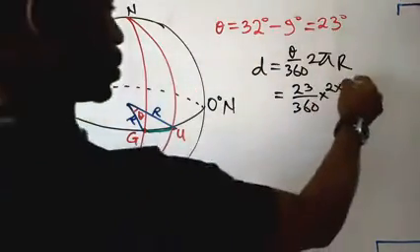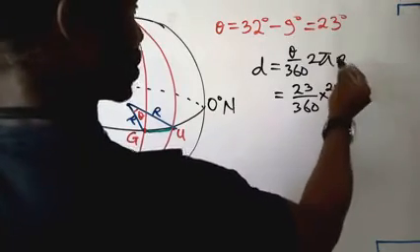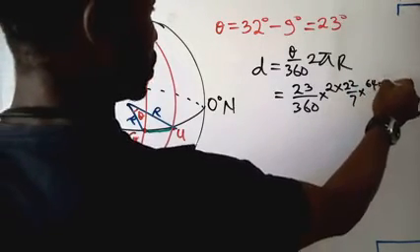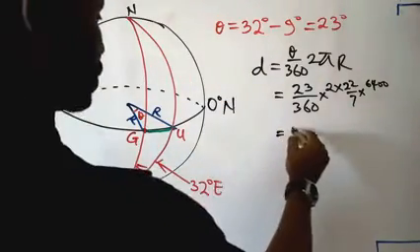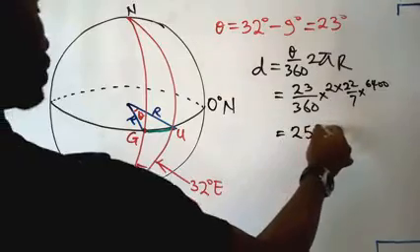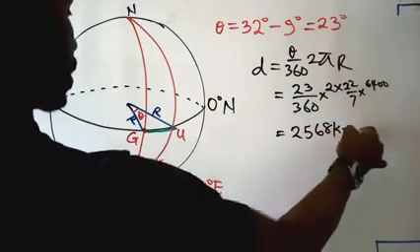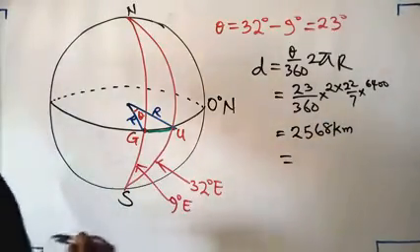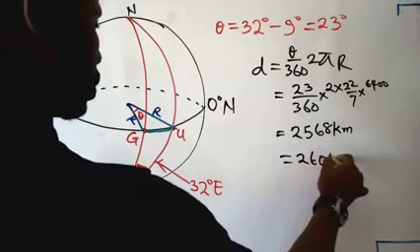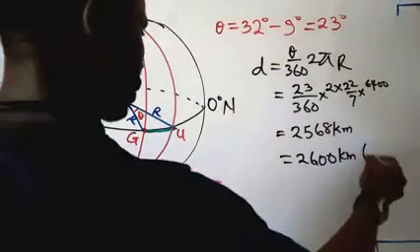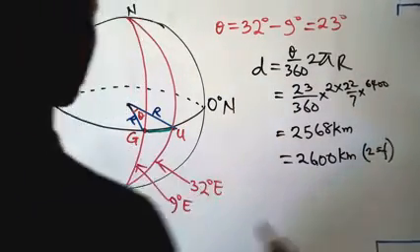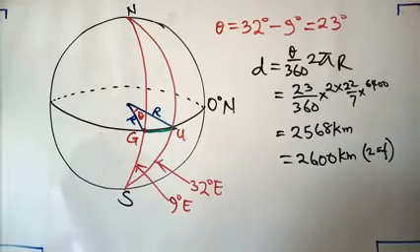We are not given pi, so let's use 22 over 7 times the radius of the Earth, which is 6400 kilometers. After solving you have 2568 kilometers, which you could approximate to 2600 kilometers to two significant figures. And it's as simple as that. All you need to know is the formula to use in this case.